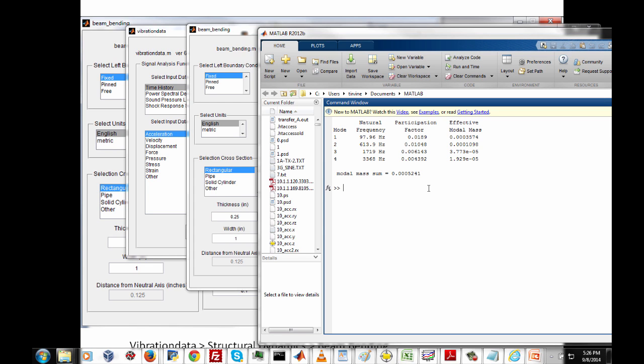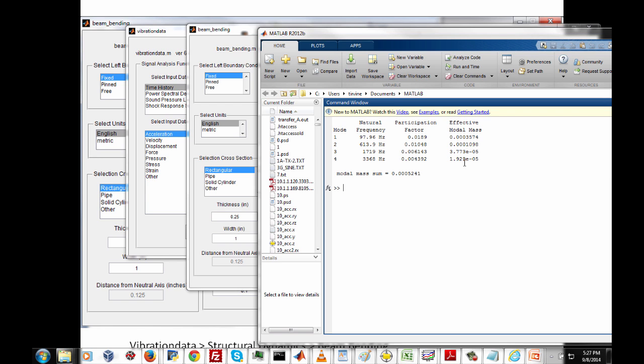As we include higher modes in our analysis, there are diminishing returns in how much response is added by each additional mode, because as we go up in mode number, the participation factor ramps down.